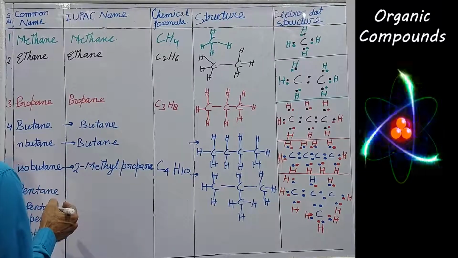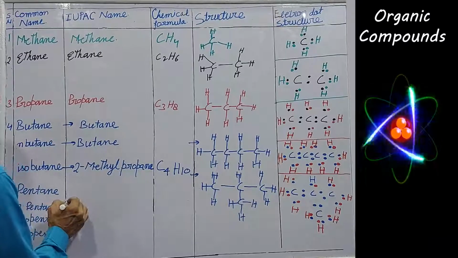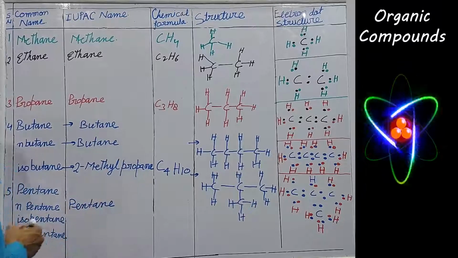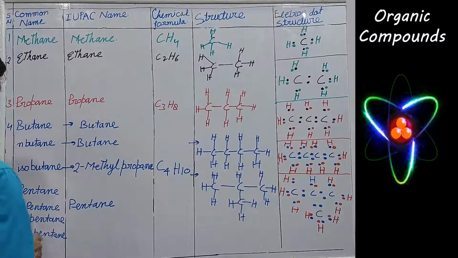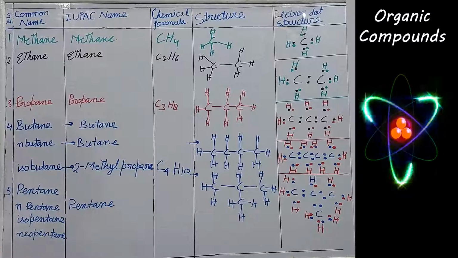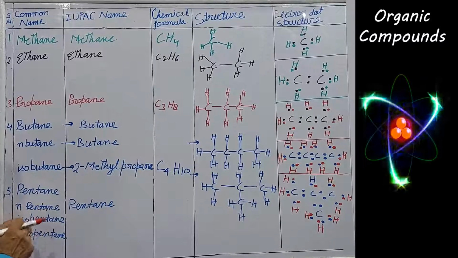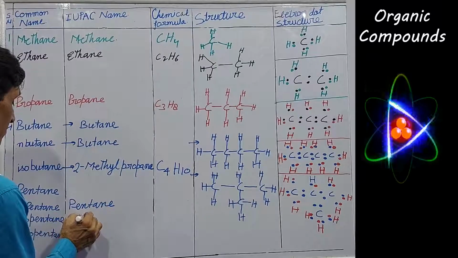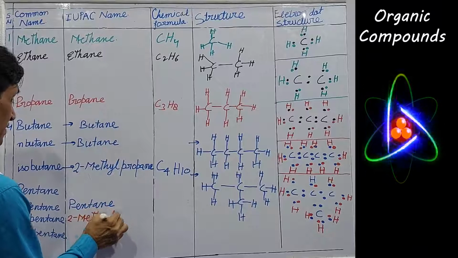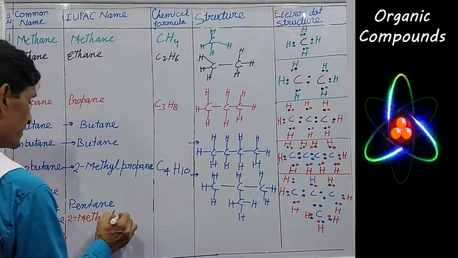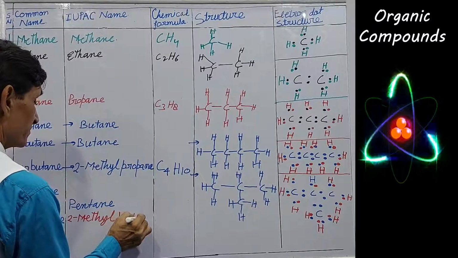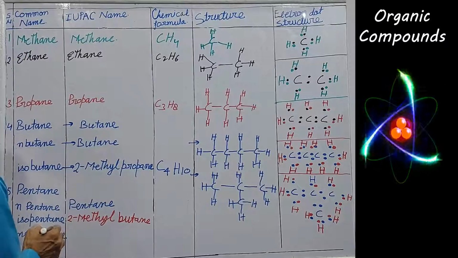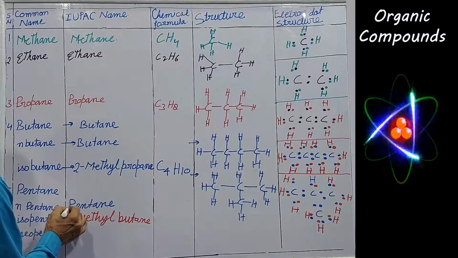The IUPAC name of normal pentane is pentane. Isopentane is 2-methyl butane.